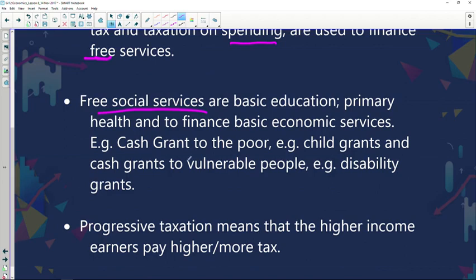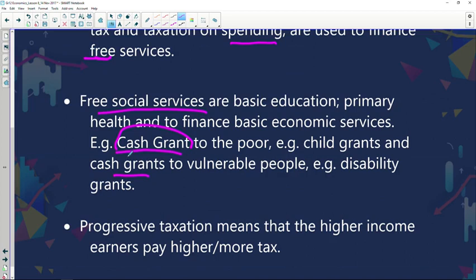For example, the cash grant to the poor, such as child grants, and cash grants to vulnerable people, for example people who are living with a disability. Those people qualify to get a cash grant at the end of each month so that they are able to purchase the basic services or goods that they need.